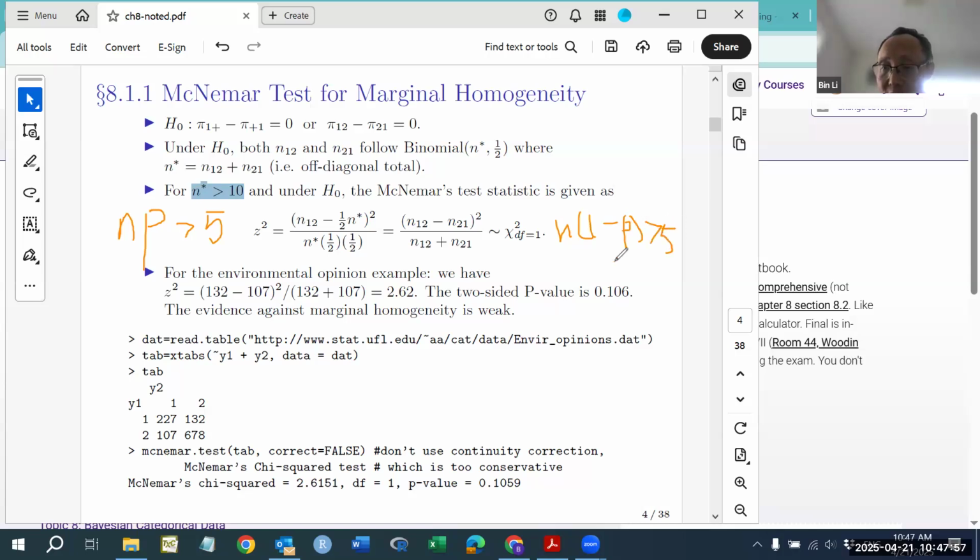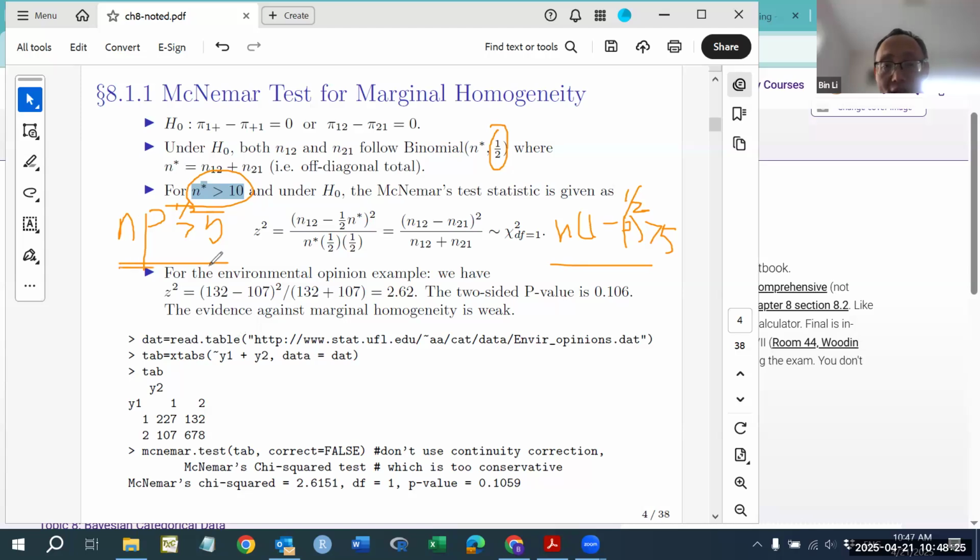Under the null hypothesis, p is 1/2, and 1 minus p is also 1/2. So in order to get n times 1/2 greater than 5, you can see why we need the off-diagonal total to be greater than 10. So that's where this 10 comes from.